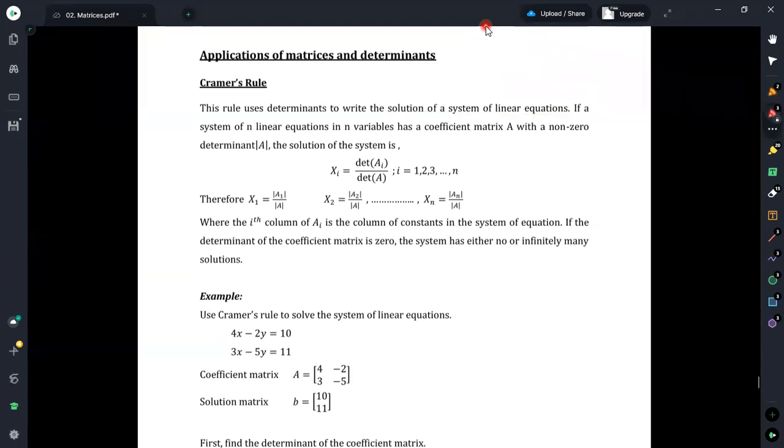Suppose you have n linear equations and n variables, and for the system of linear equations we will have the coefficients of these variables.